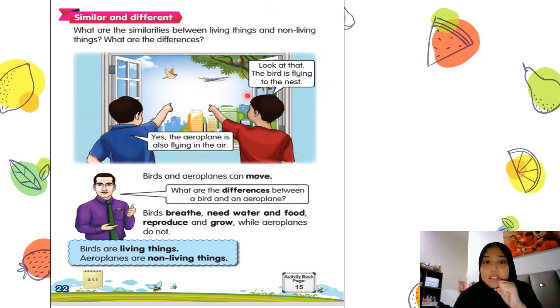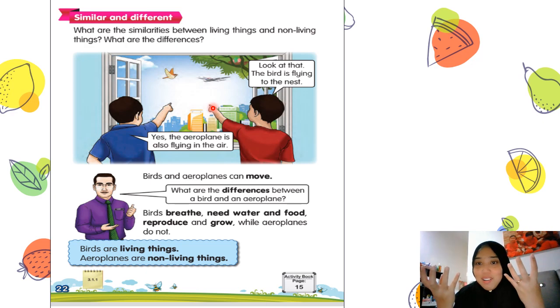Now, let's take a look at the picture. Look at the bird is flying to the nest. Tengok, burung itu terbang ke sarangnya. Yes, the aeroplane is also flying in the air. Aeroplane itu pun juga terbang. Jadi, apakah persamaan antara aeroplane and bird? What are the similarities between aeroplane and bird?